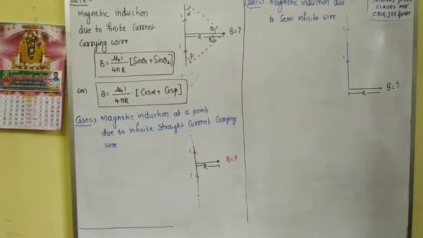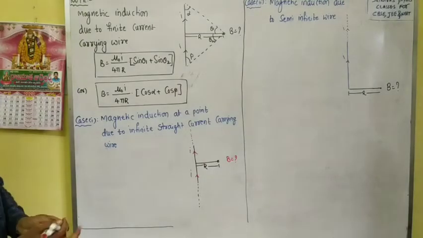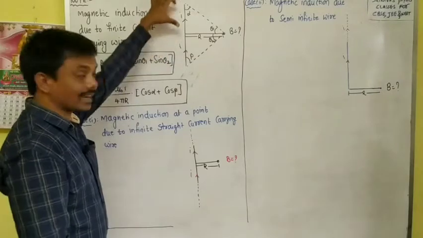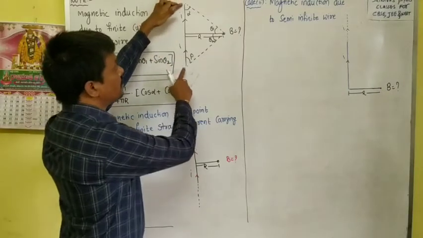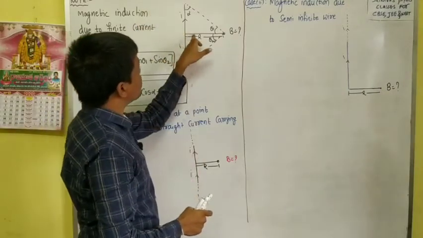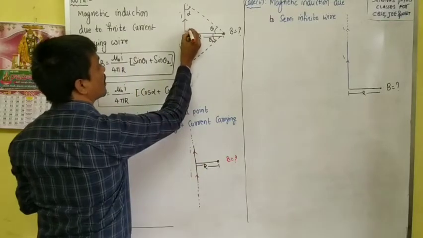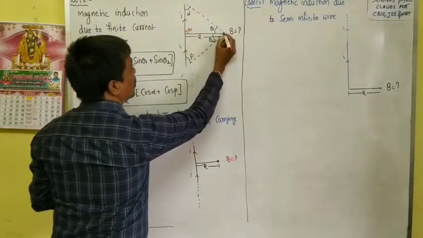Okay, look here, let us discuss some cases now. Magnetic induction: this is a current carrying wire of finite length. At a perpendicular distance capital R, I want to find out the magnetic induction.